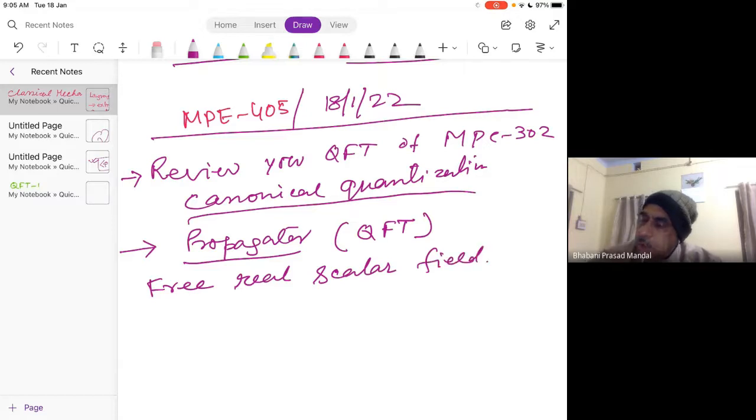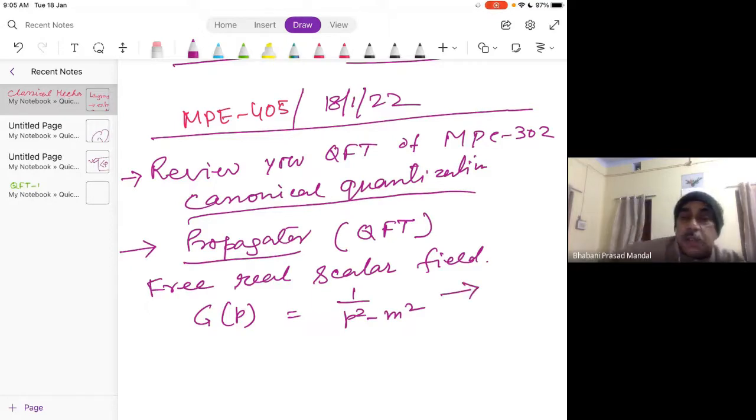That propagator is nothing but the Green's function, and this G(p) was 1 over p square minus m square. We calculated this by taking the Fourier transformation of the Green's function, starting from the free real scalar field, meaning the KG equation. So we start from a KG equation in the presence of a source.